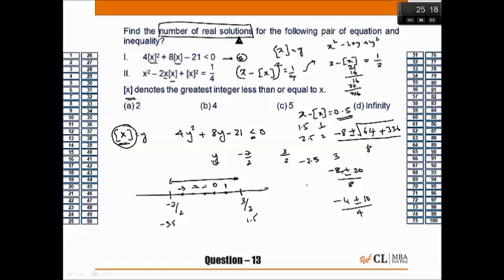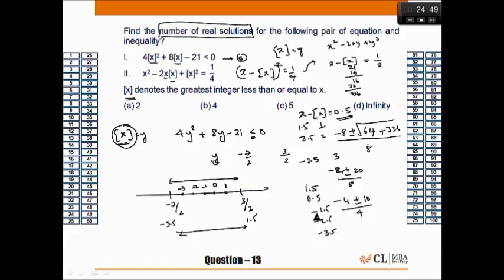We need the number of real solutions for the pair of equations. So x can take the values in the range, 1.5, 0.5, minus 0.5, minus 1.5, minus 2.5, minus 3.5.